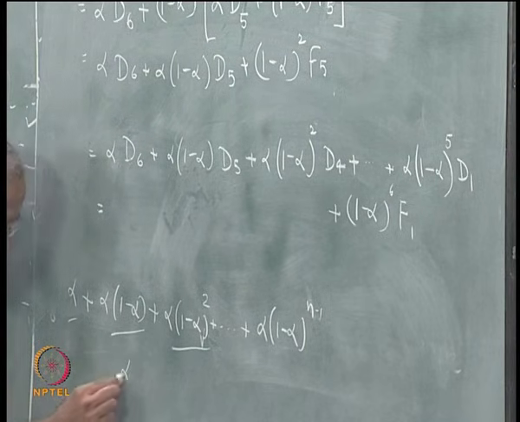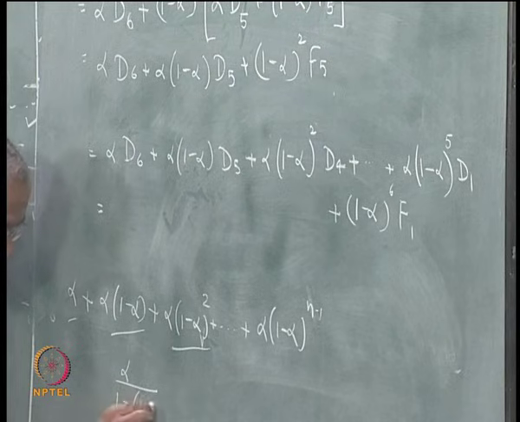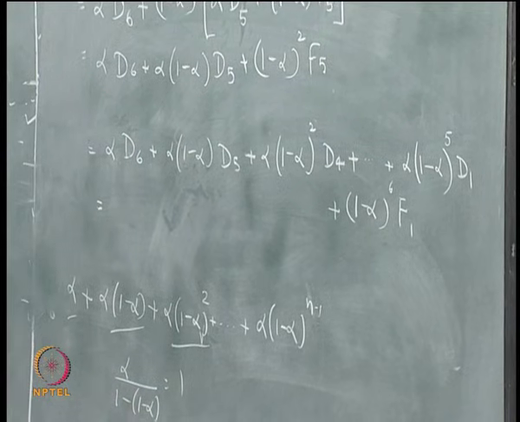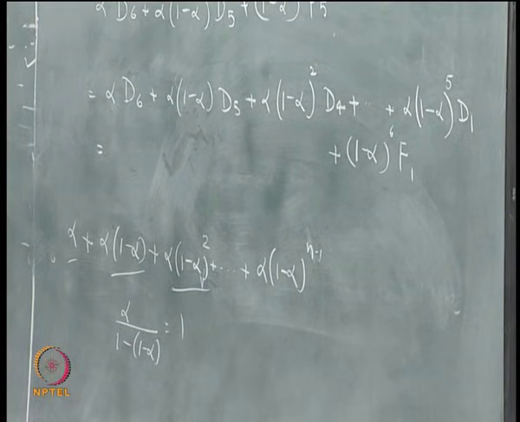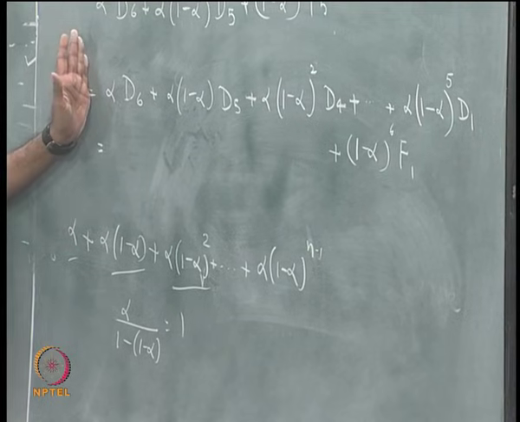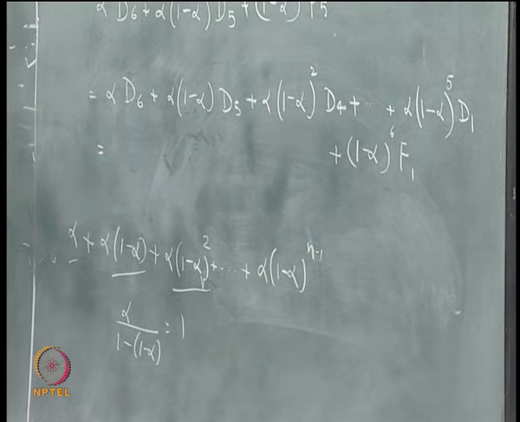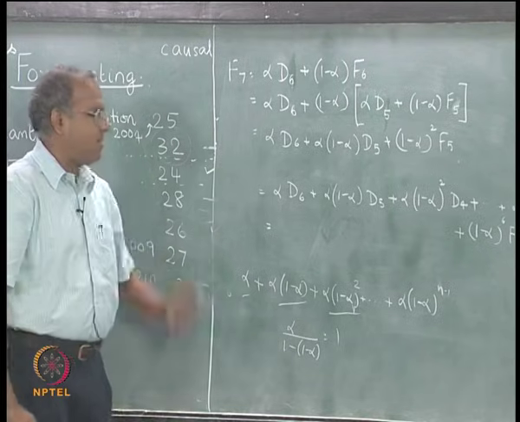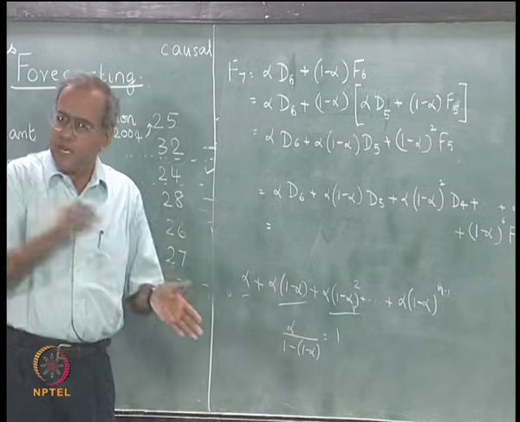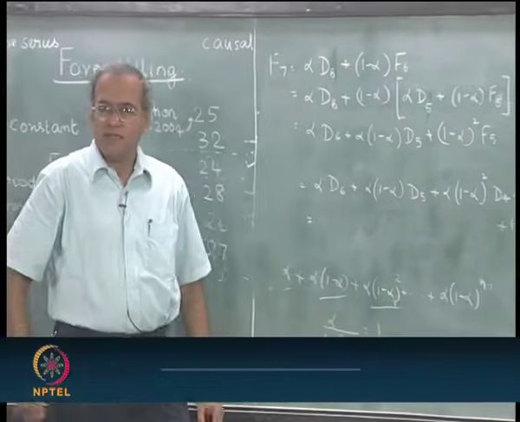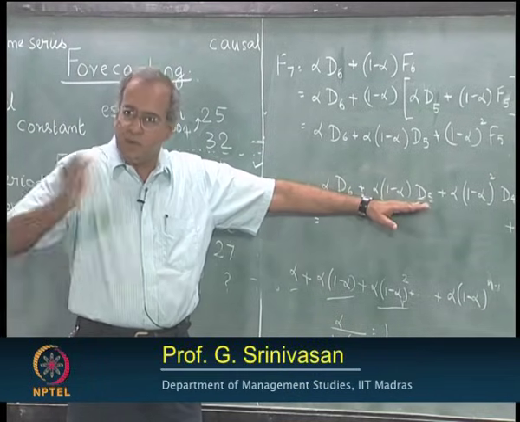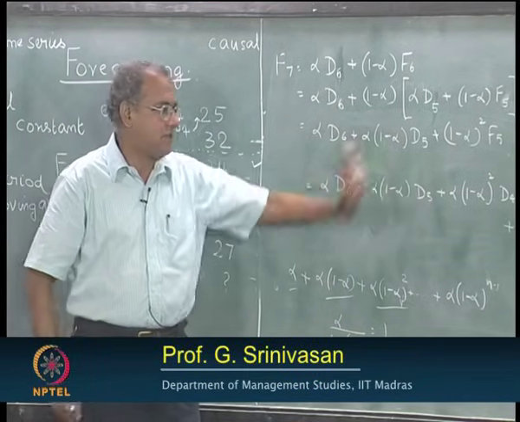So, that will be alpha by 1 minus alpha, which is 1. So, as the number of terms increases, this will converge to 1, and even within a reasonably small number of terms like 6 terms or 7 terms or 8 terms, whatever be the value of alpha, the sum will be very close to 1. Therefore, this is like a weighted average where the denominator, which is the sum of the weights, is 1, and therefore, we do not divide.